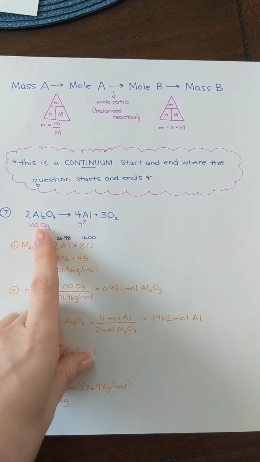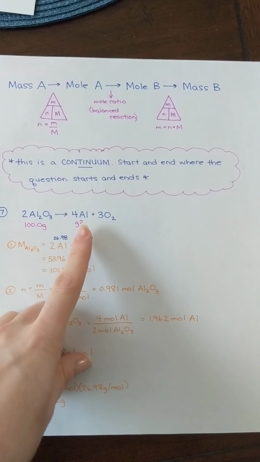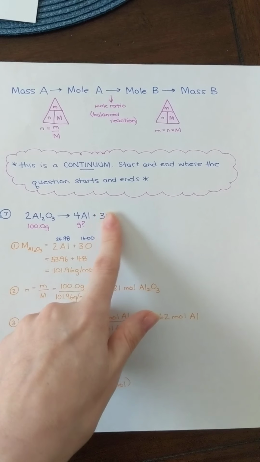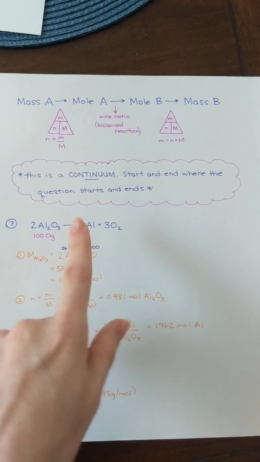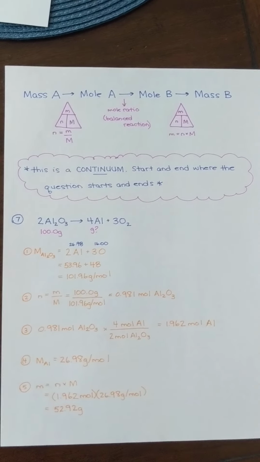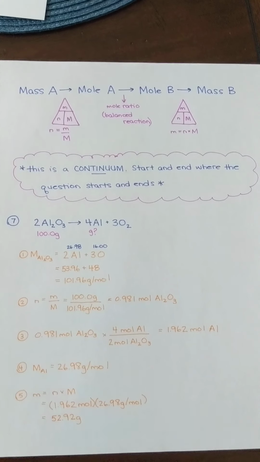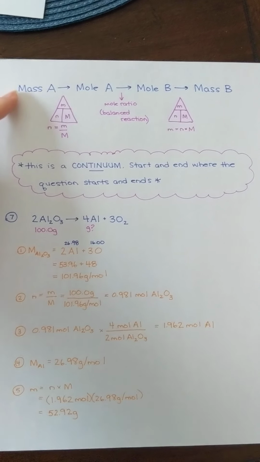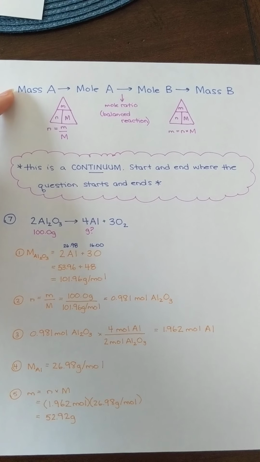I have information about aluminum oxide and aluminum, nothing about oxygen, so don't even worry about it. Just focus on the two things you know information for and what you're trying to find information for. So we're going to go through this continuum. We've started with mass, so we're going to start from the very start.